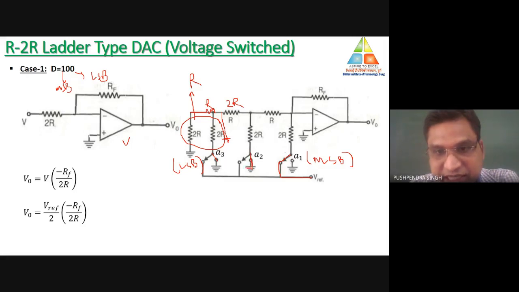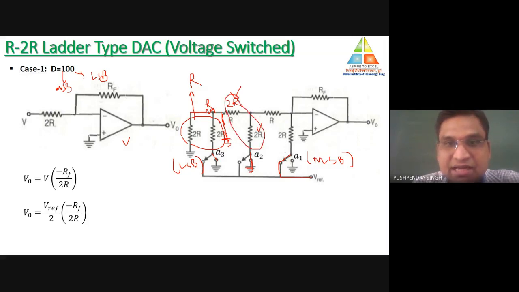Again, this terminal is connected to what? This terminal is connected to ground. This terminal is also connected to ground. The value of this resistance is 2R. The value of this resistance is also equal to 2R. So again, these are parallel to each other, and the equivalent resistance will be equal to what?